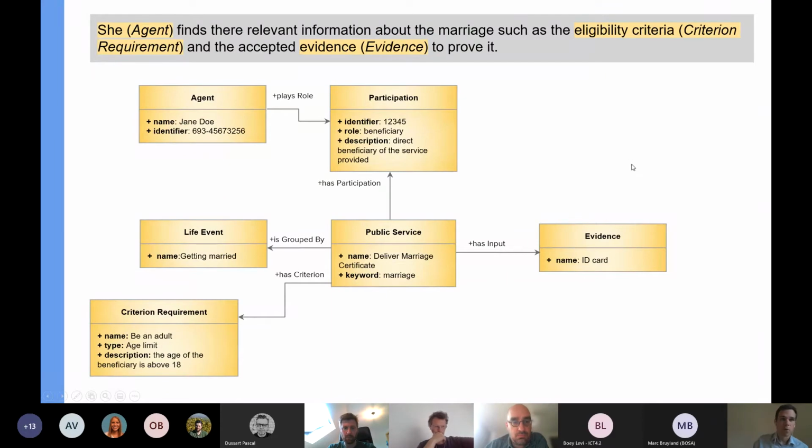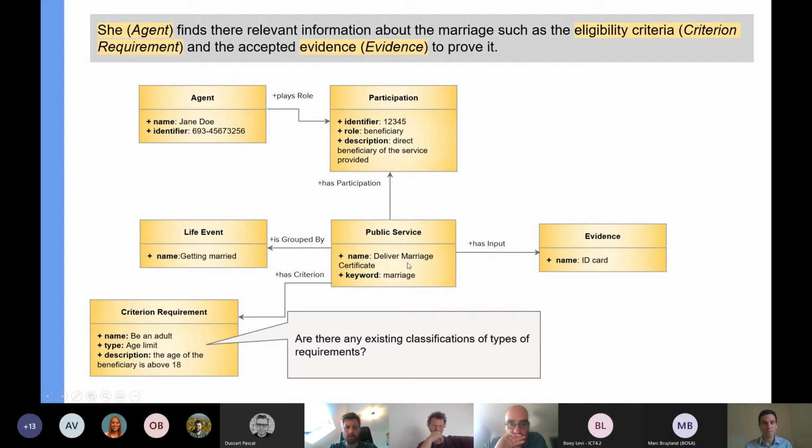And then once she goes to that page, as mentioned, she finds information about criterion requirements, like you need to be an adult in order to get married, and you can prove that by using your ID card, for example. This is just an example of criterion on the one hand and evidence on the other.